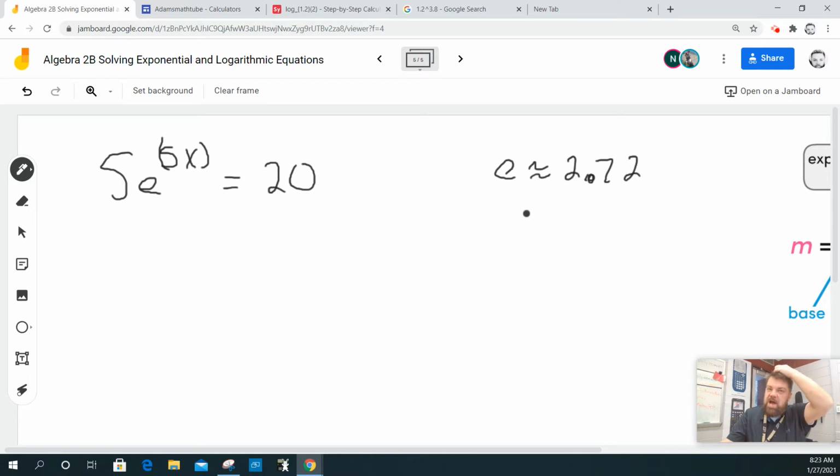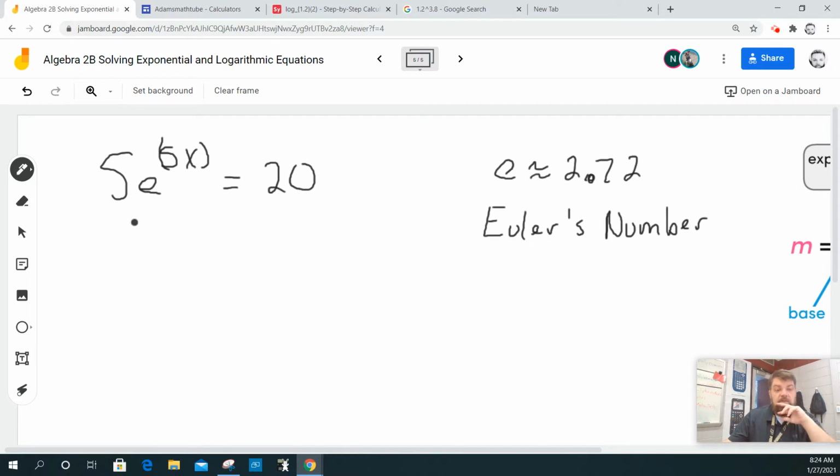It's kind of like pi, but it's called Euler's number, named after the mathematician Euler. But we just leave it as e.